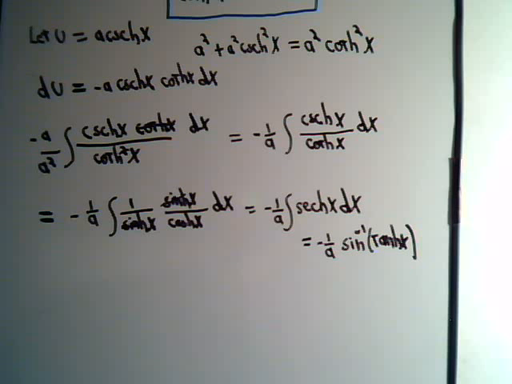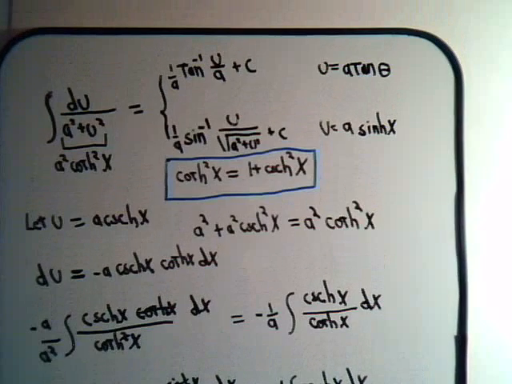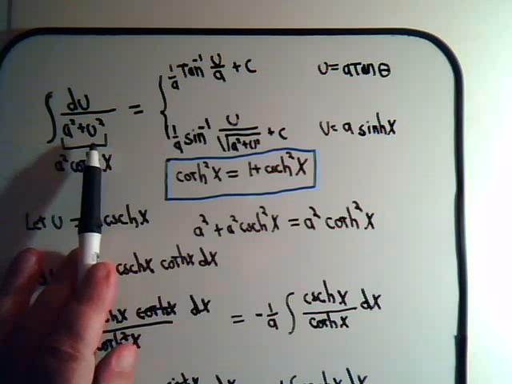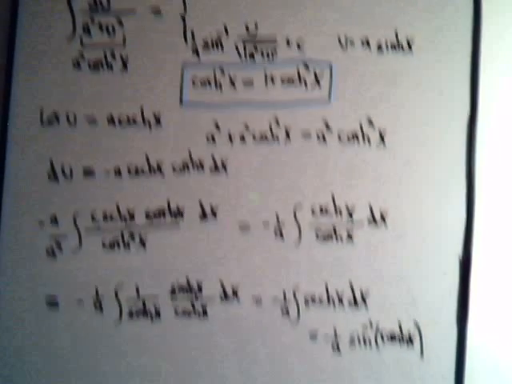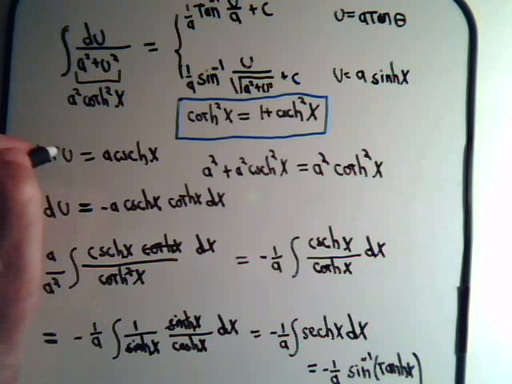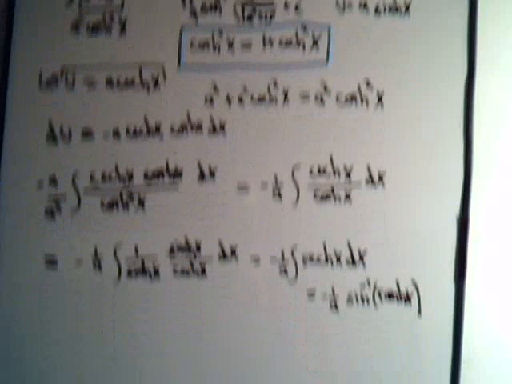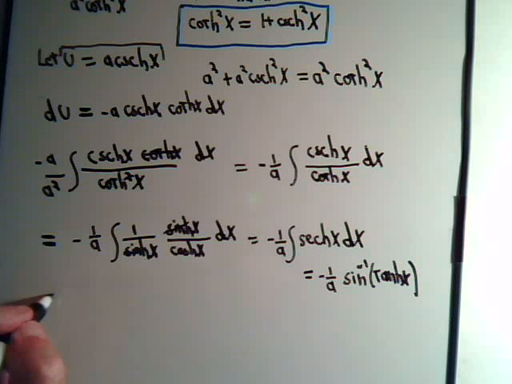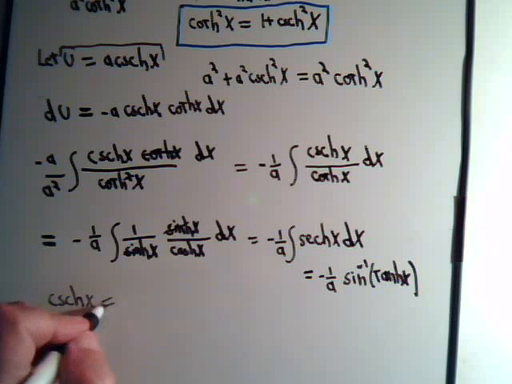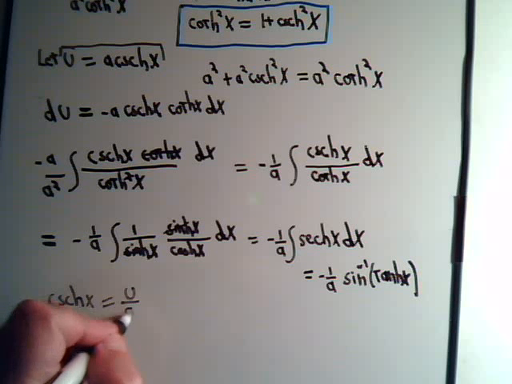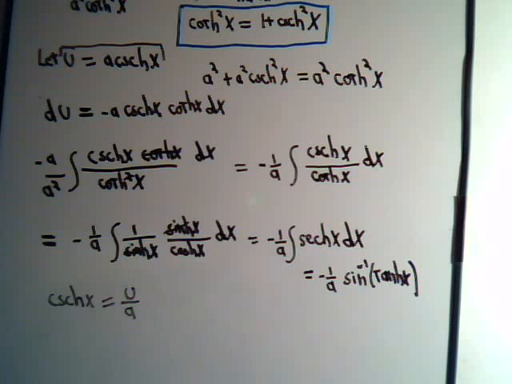Okay, let's see here. Our original integral, of course, is not in terms of x, it's in terms of the variable u. So we go back here now to this, and we can determine that the hyperbolic cosecant of x equals u divided by a.